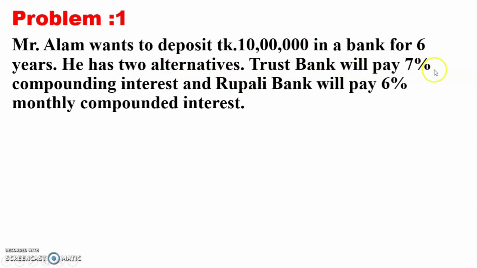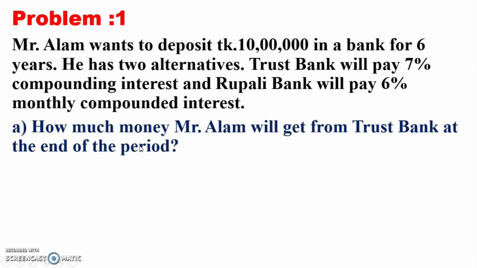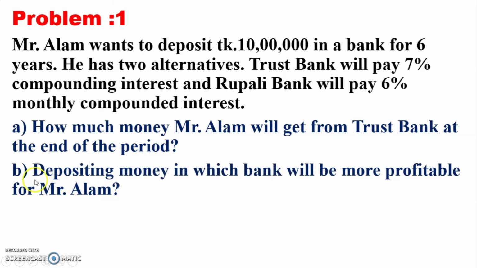Trust Bank will pay 7% compounding interest and Rupali Bank will pay 6% monthly compounded interest. Now the requirement: how much money will Mr. Alam get from Trust Bank at the end of the period, and second, depositing money in which bank is more profitable for Mr. Alam.